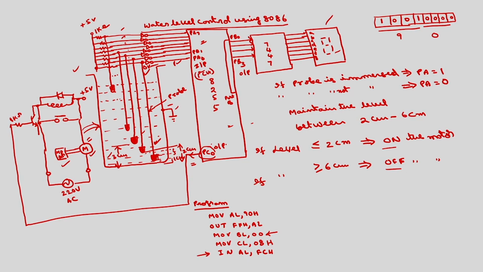Now you have to check the lower first, PA naught. PA naught is connected to the lowest order which corresponds to 1 centimeter. Okay. So to check whether PA naught is 0 or 1, rotate the accumulator contents to the right through carry.